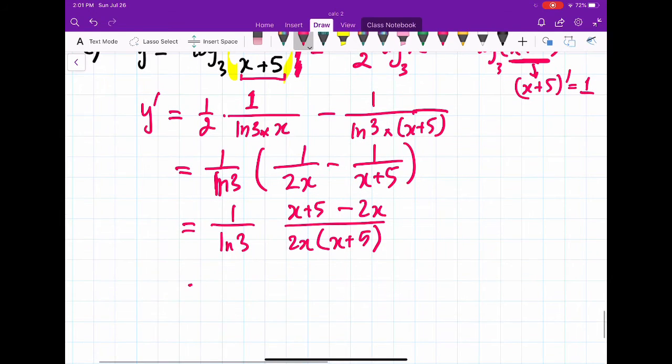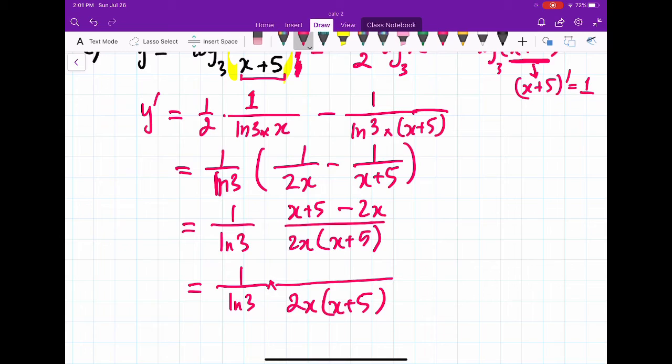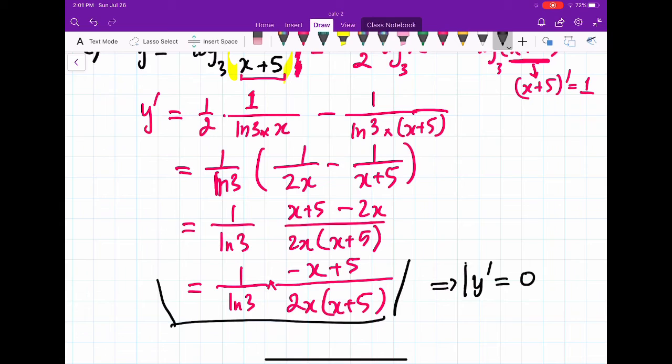And finally you get 1 over ln 3 times, in here, 2x times x plus 5 and negative x plus 5. The reason I show this is because sometimes you need to solve y prime equal to 0. So we saw that several times when we needed to find extrema of functions.